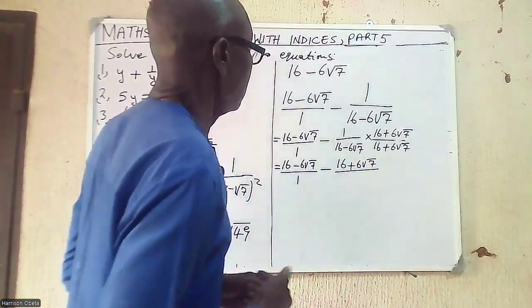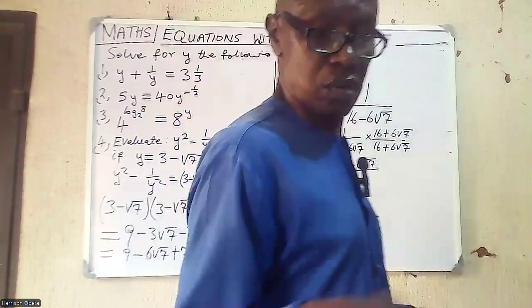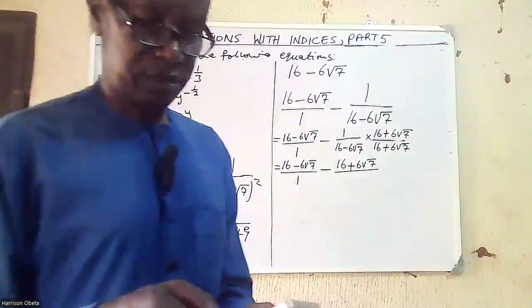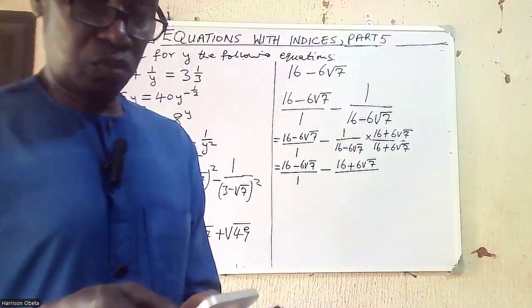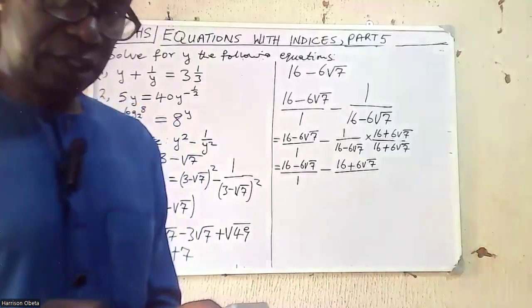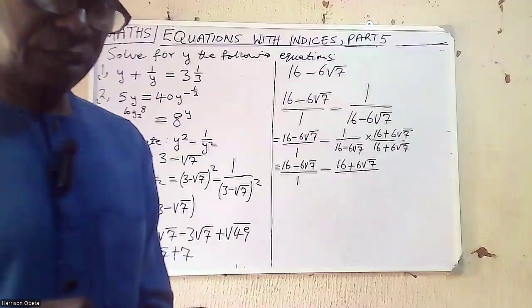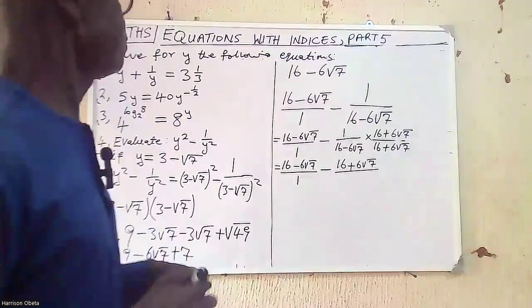You check your calculator, I think it will give us 256, but let me check and be sure. That's 16 times 16, 256.